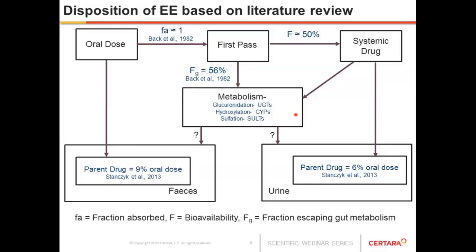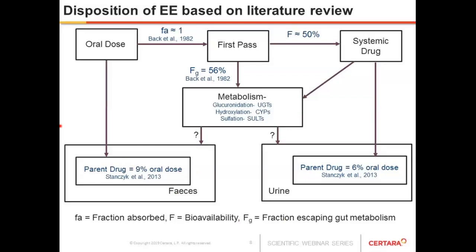Now, one other piece of information from the extensive literature review is that only a very small fraction of the drug is excreted unchanged, either in the urine or in the feces, so less than 10%, which further emphasizes that the drug undergoes really extensive metabolism in the system. So we needed to get a good handle on the metabolism of the drug.